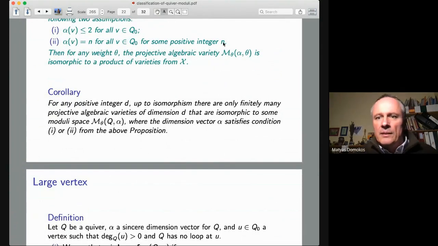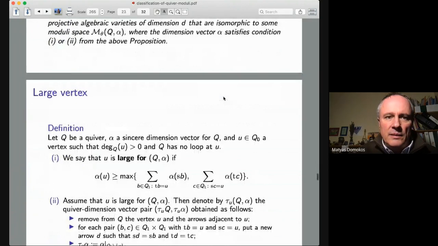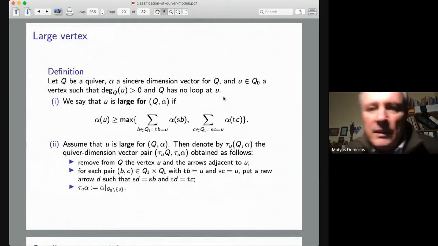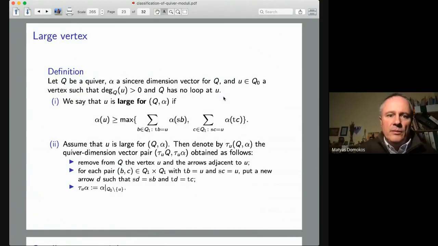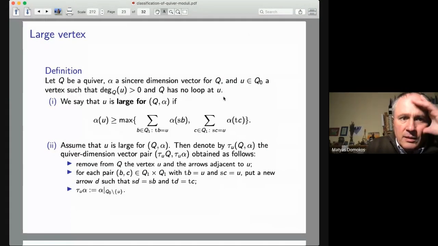And now let me turn to the proof of these results. We need to introduce some terminology.